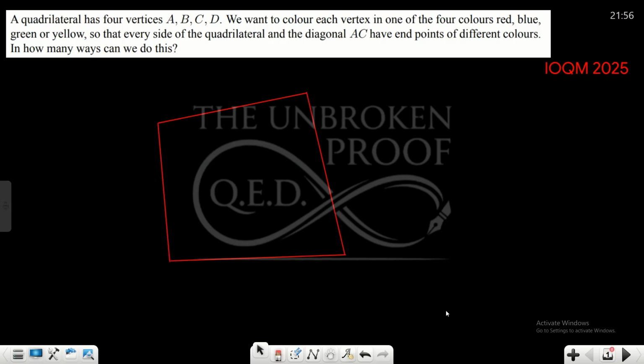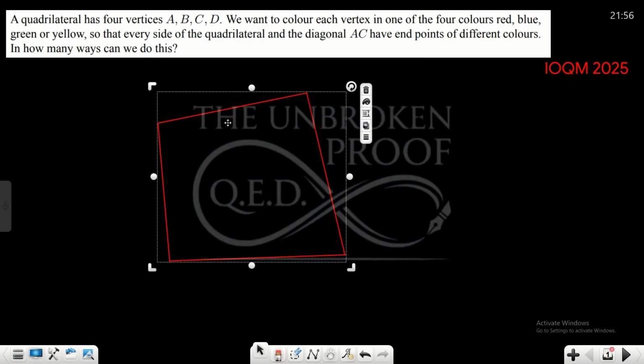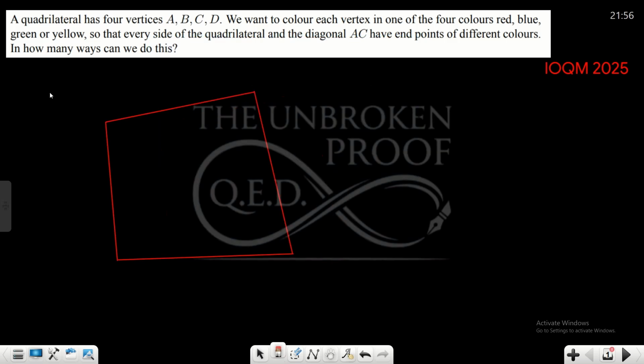So here is the quadrilateral ABCD. A, B, C and D.